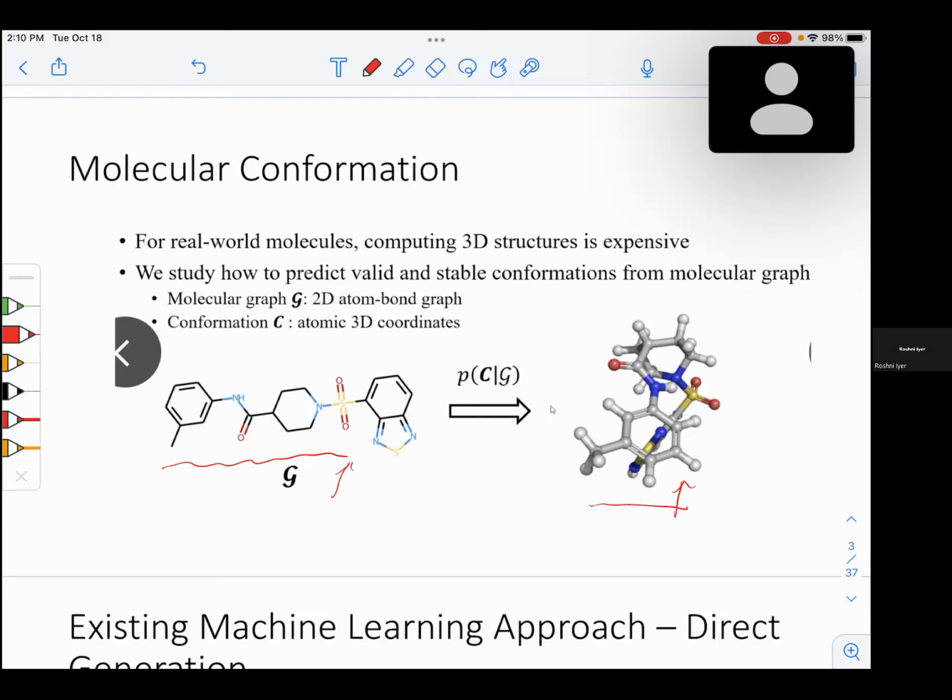Essentially, the dataset gives pairs of such a 2D graph and one of its possible conformations, or a set of them.